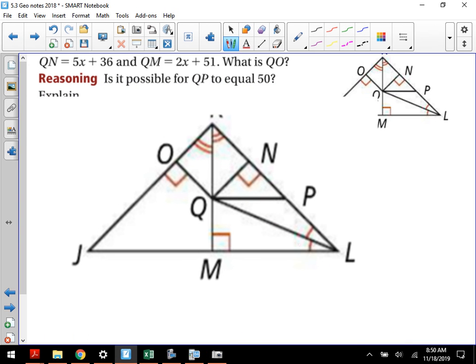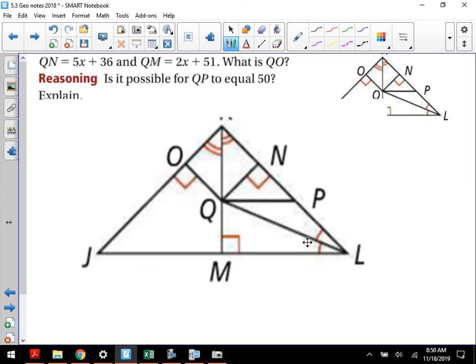Looking at this picture, knowing the two parts that you have, is that one dealing with angle bisectors or perpendicular bisectors? Are the sides of the triangle congruent or are the angles being bisected? The angles are, right? That's what you have to be able to decipher.